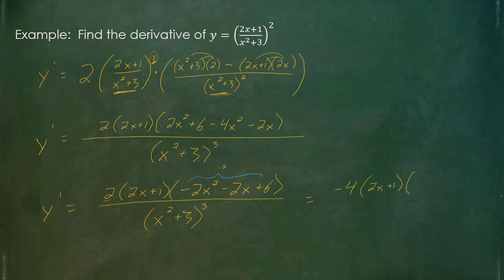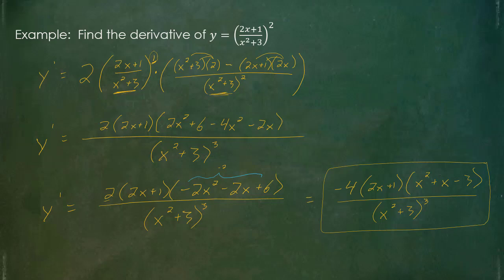And then the parenthesis now would have positive x squared, a positive x, and then a -3 if you take -2 out of all three of those terms. And then the bottom just remains that (x squared plus 3) quantity cubed. And if you were able to factor that quadratic, that x squared plus x minus 3, any further, it might not be a bad idea, but with this one that doesn't really factor any further.